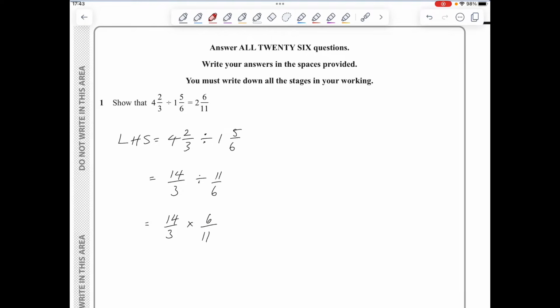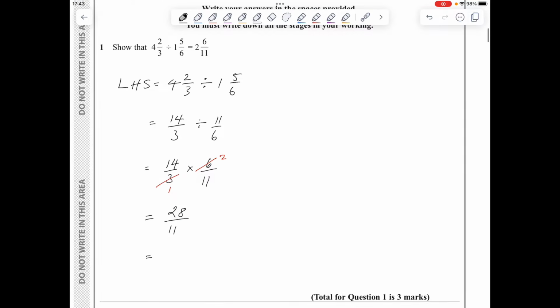Now I can cross out the 6 with the 3 and then simplify. This will give me 28/11, and this is equal to 2 and 6/11, which is equal to the right hand side.